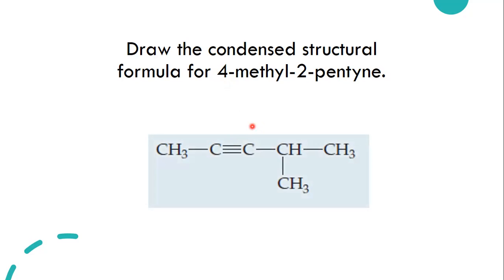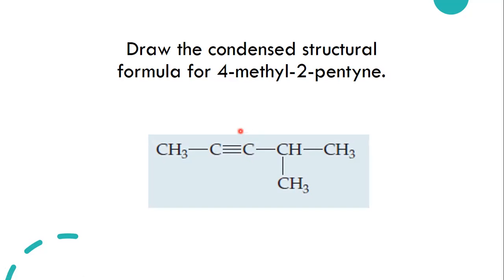So how many carbons do we have? Carbon 5. We have 1, 2, 3, 4, 5. The triple bond can be found in carbon number 2, so we write the triple bond at carbon number 2, connected to carbon number 3.